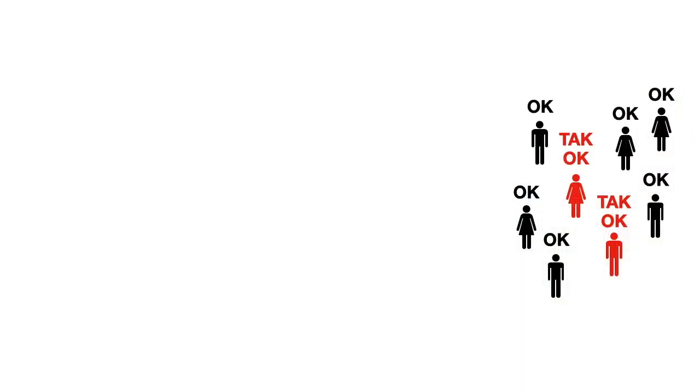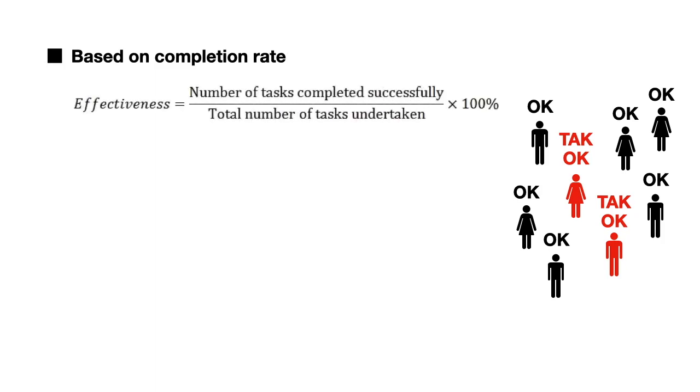One of the methods to measure effectiveness is based on the number of respondents who manage to complete the task given. In this case, effectiveness is calculated by dividing the number of participants who successfully complete the task by the total number of people who took the test and multiplying it by 100% to get the percentage value.